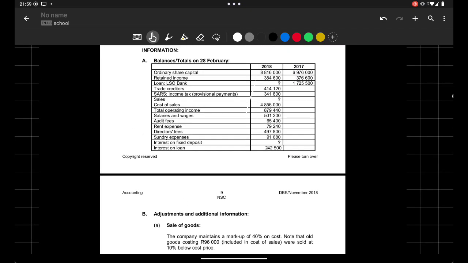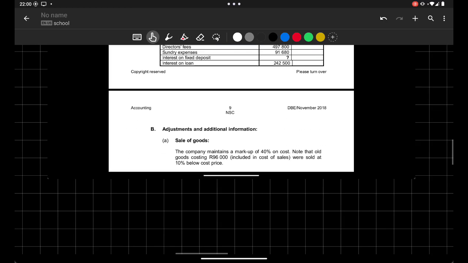So if you look here, our sales was not given. Our sales is a question mark, and then our cost of sales was given there at 4,856,000, right? So we're gonna use that.